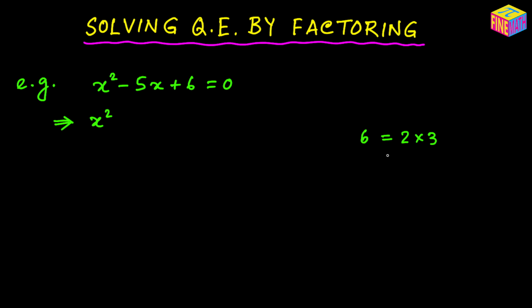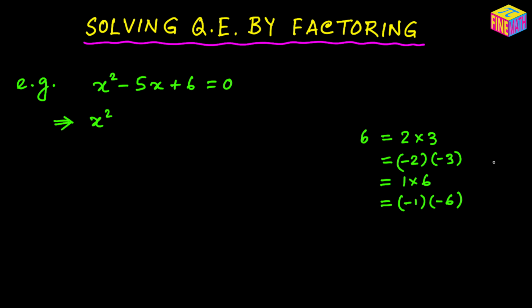It can also be factored into negative 2 times negative 3. It can be factored into 1 times 6, meaning positive 1 times positive 6. Also it can be factored into negative 1 times negative 6. I think those are the four possible combinations that we can think of which will equate to 6.